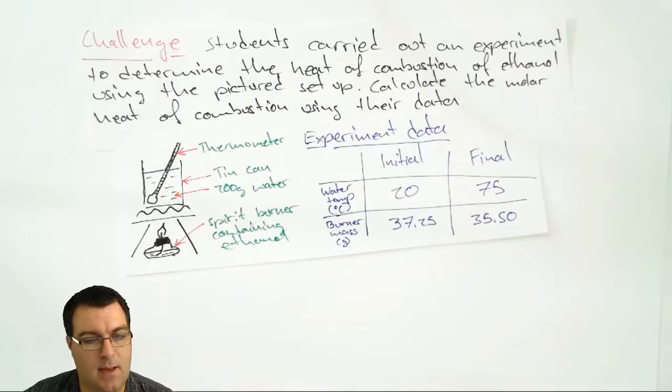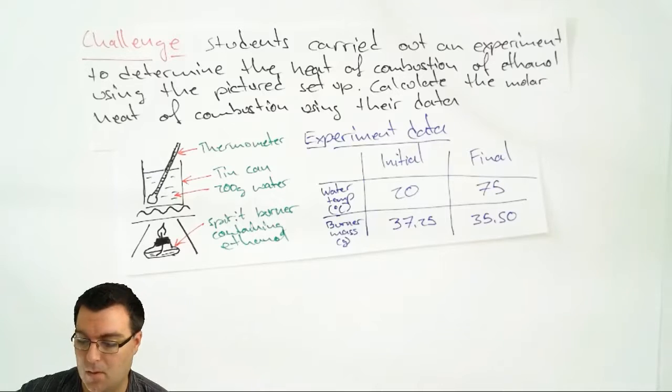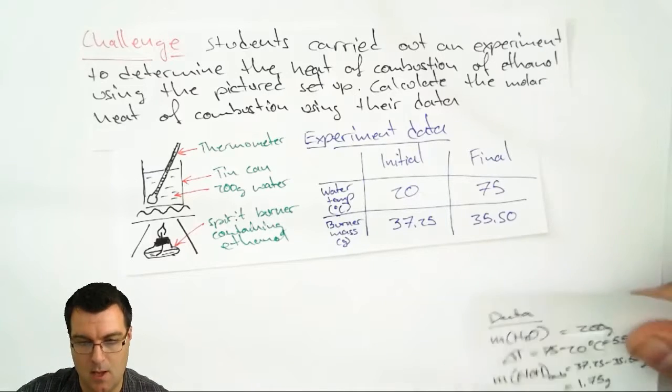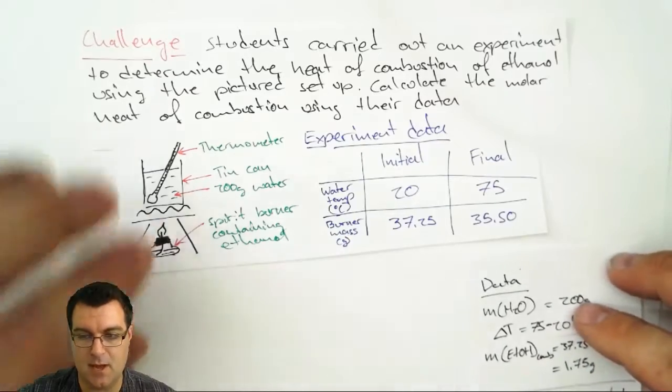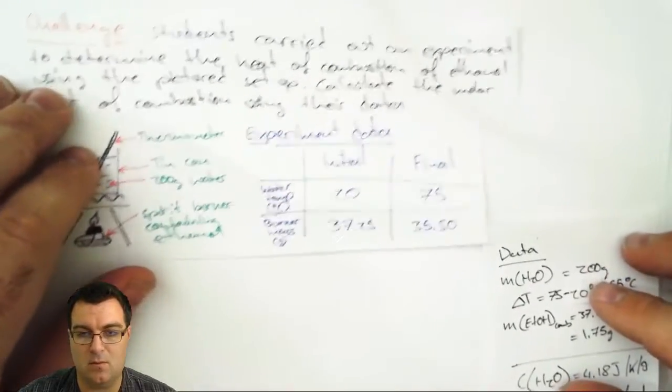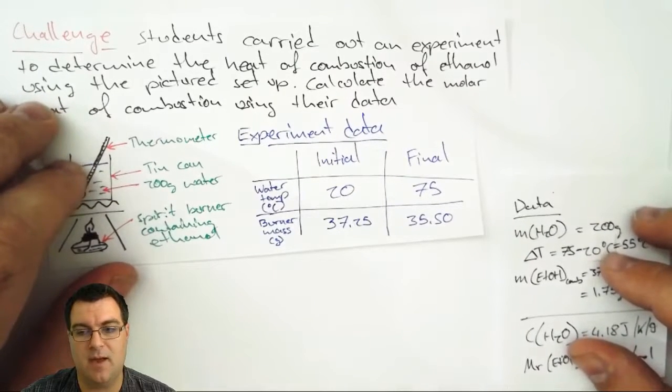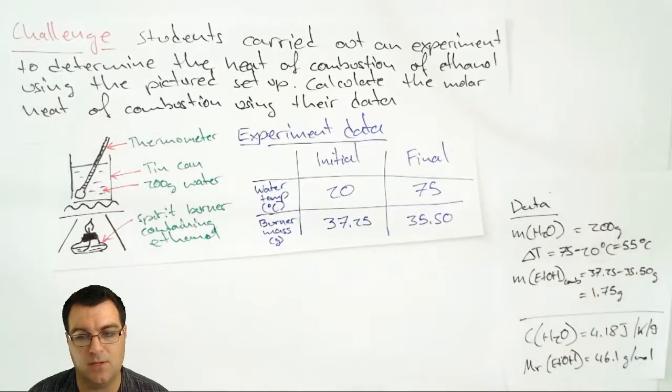Okay, let's look at answering this challenge. First things first, with any problem-based calculation, you need to identify the data in the question. Conveniently for me, I've already done that just here. Let's have a little look at how I found the data in this question.